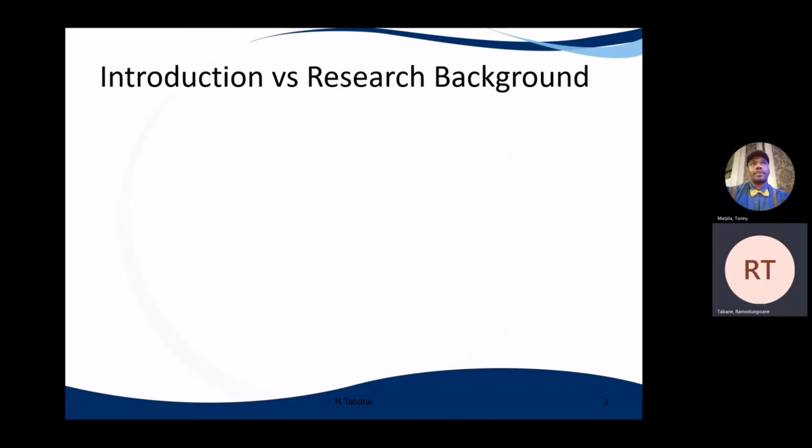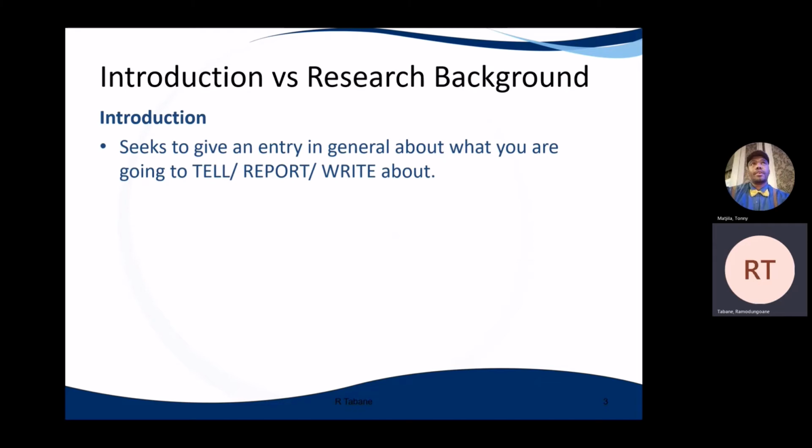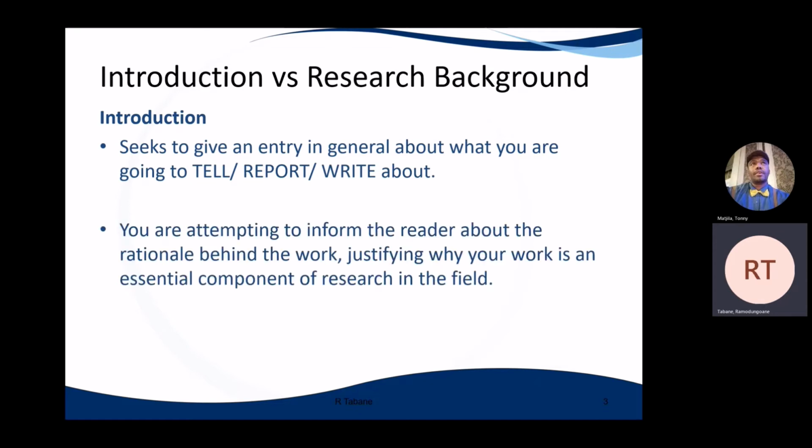So the structure: there is introduction, and in some instances, people will write introduction and background. I prefer to have the two separate because the introduction is where you are going to give us a general entry about what you are going to report or write about.